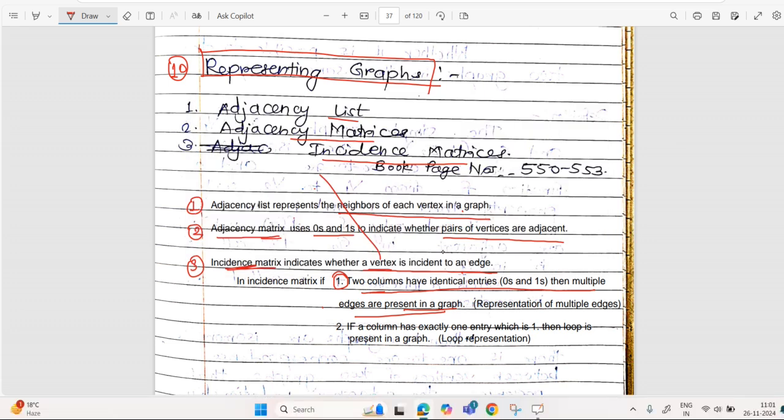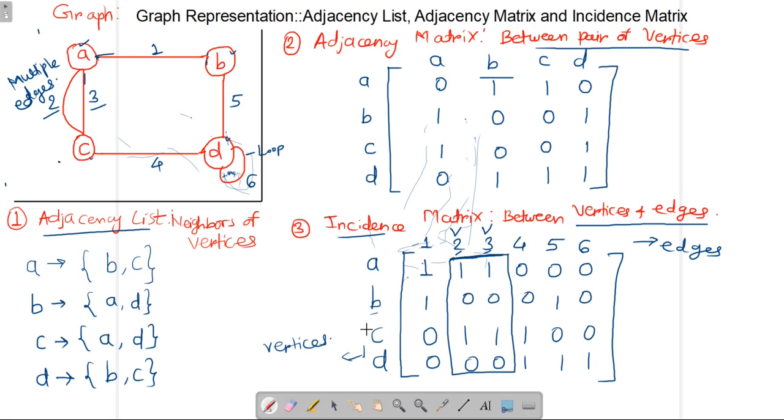One more observation you can see here. If a column has exactly one entry equal to 1, then a loop is present in the graph. Means if a column has only one entry and that entry is 1, then it is a loop. Checking the incidence matrix, column 1 does not have a single entry, there are two.